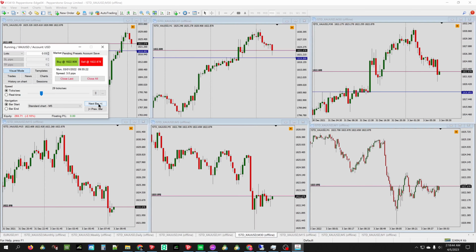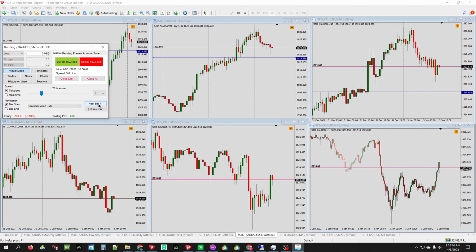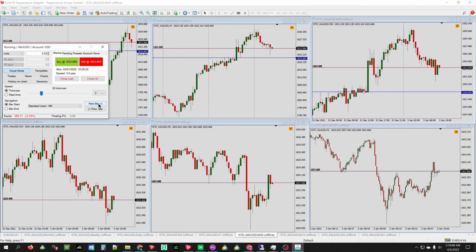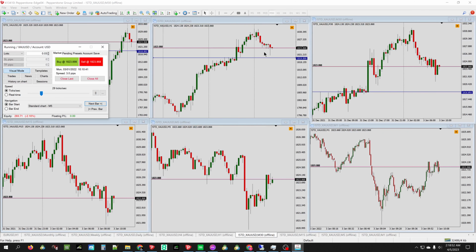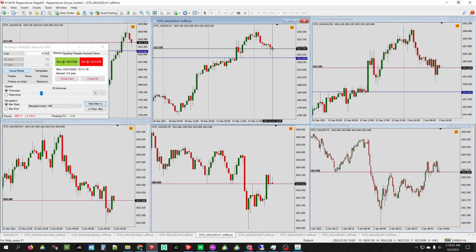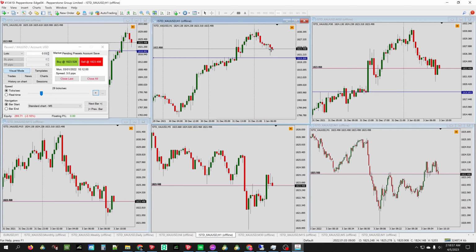Move forward. So the H1 candle has closed above previous candle wicks, and there is a wick left to be filled, which is around 26 pips. So will the current H1 candle fill this wick to the downside?